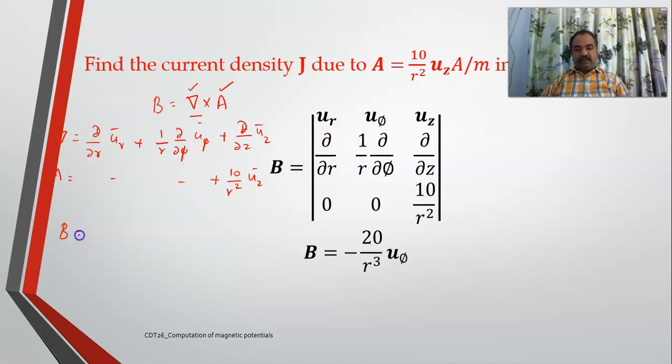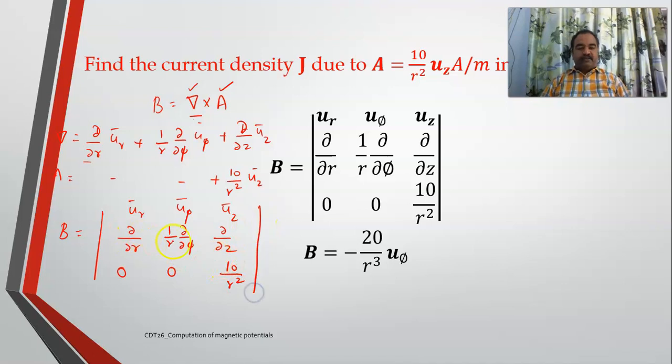Cross product. So B is equal to, these are the components. I am writing down these components here: dou by dou r, 1 by r dou by dou phi, and dou by dou z. And here I don't have any, so I'll take 0, 0 and 10 by r square. So you need to determine the determinant of this.